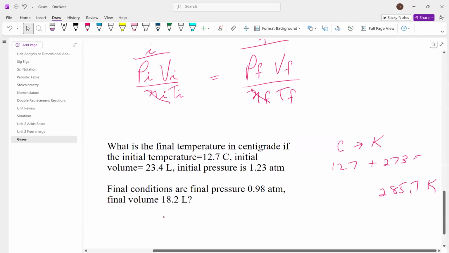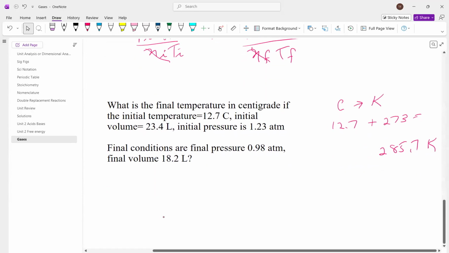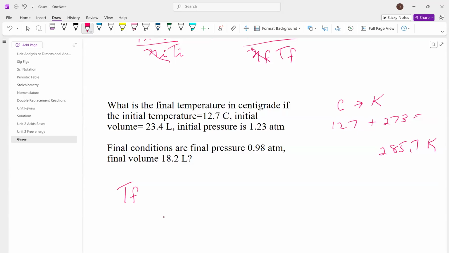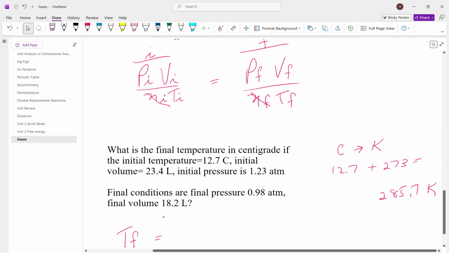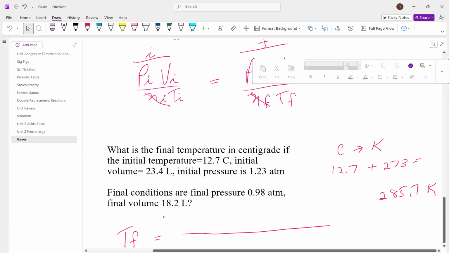Okay, so let's solve for final temperature here. If we're solving for T sub F, we can cross multiply and that'll move it onto top. So we have T sub F equals... okay, so let's do this in steps.